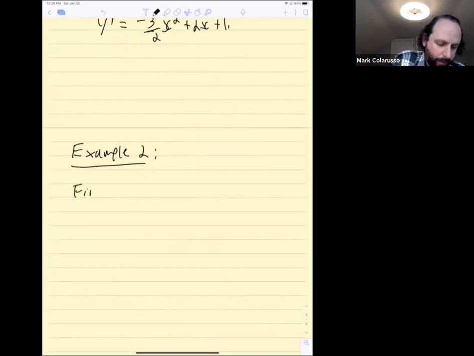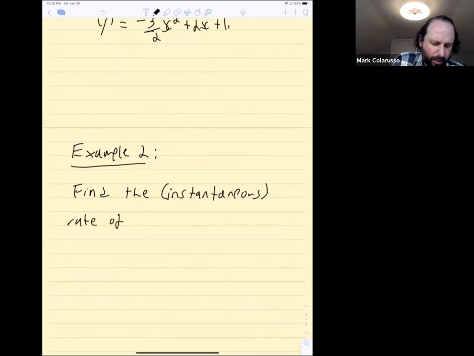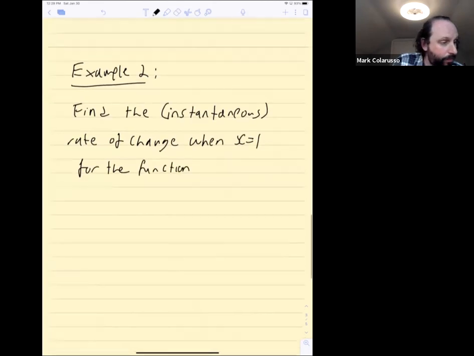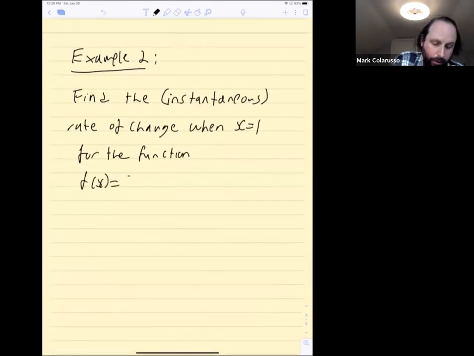Find the instantaneous rate of change when x is 1 for the function f at x is equal to x cubed minus 5x squared plus 2x minus 7 times 2x to the 4th minus 10x cubed plus 15x plus 9.